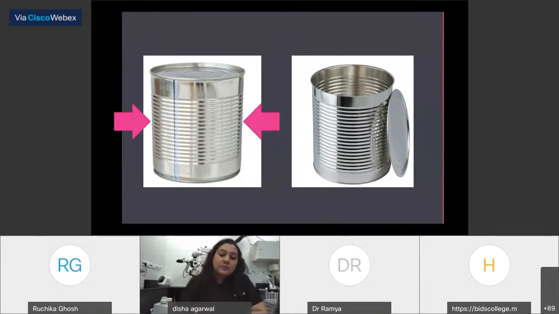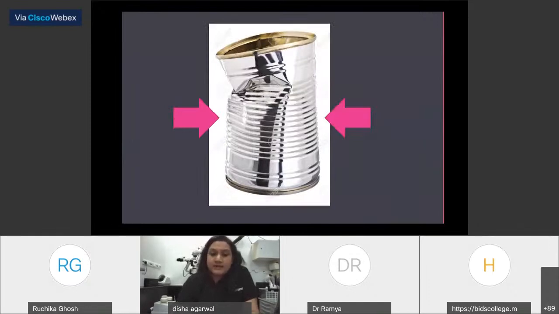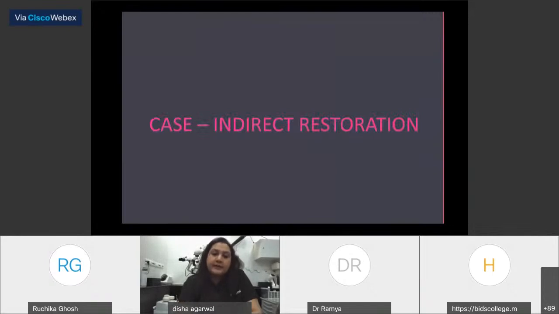Now, because the restoration is present, the dome is lost, which was protecting and directing our forces. The tooth will start flexing and bending much more than it was previously. As it bends and flexes, there is more sensitivity, and the tooth starts to develop a crack. This is a small insight into the compression dome concept, the easiest way to understand it. You need to read more about this to get the complete idea.